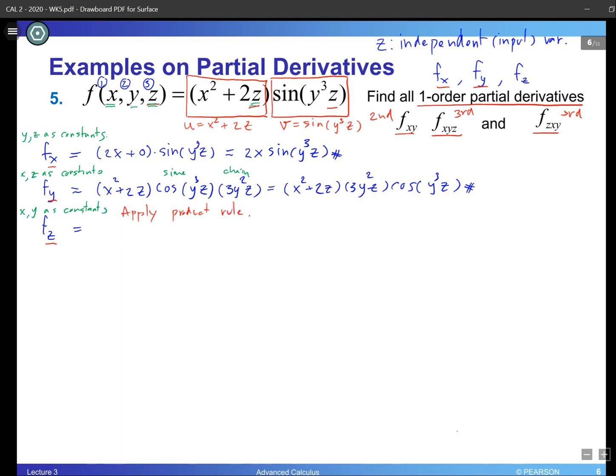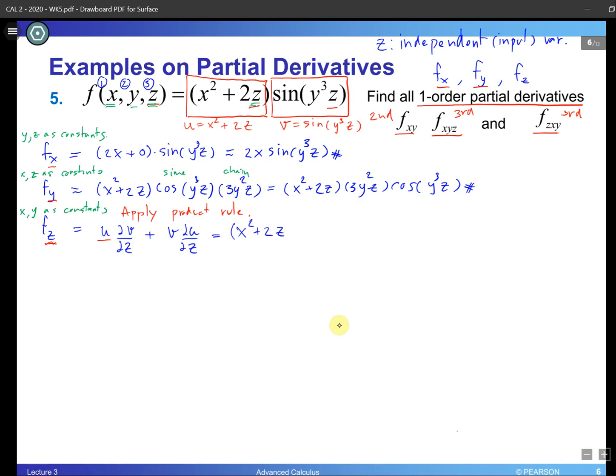Okay, so it's going to be equal to u dv, and since we are working with z variable, it's supposed to be dv by dz, plus v du by dz, and that's going to be equal to, I'm going to work with this u, I'm going to take the whole thing here, and it's going to be equal to x squared plus 2z.